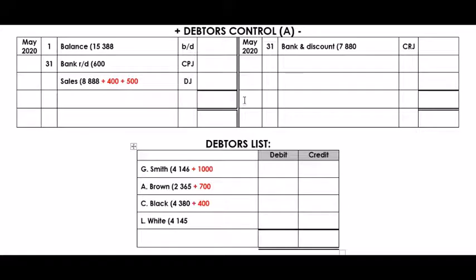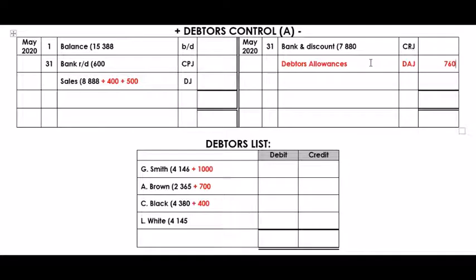This adjustment will only affect the debtors control account because a column total won't go to the debtors list. Okay, so here on the credit side of debtors control, we write debtors allowances. It comes from the DAJ and the value is 760 Rand. In this case, I don't write it in brackets because it's the last adjustment and I know that this value won't change.